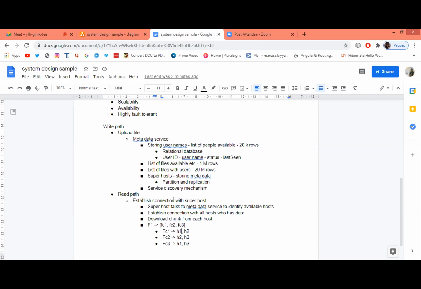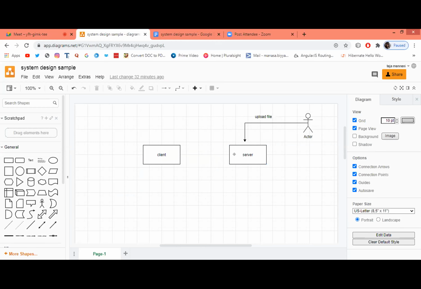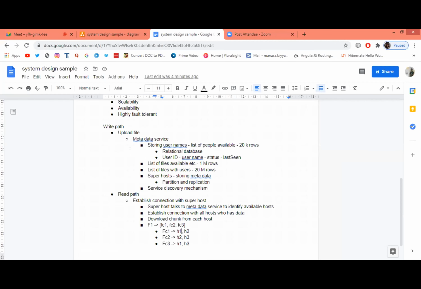So we have two components in our application, and the server deals with the file upload part, where once I upload a file, it talks to the super host, which in turn talks to the metadata service, which will keep all the existing users and their attached files.